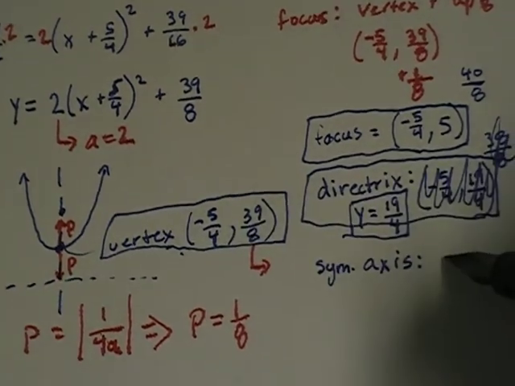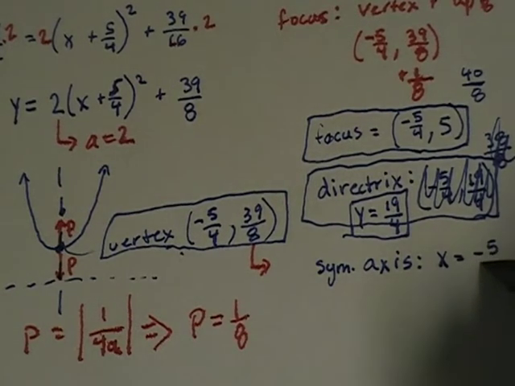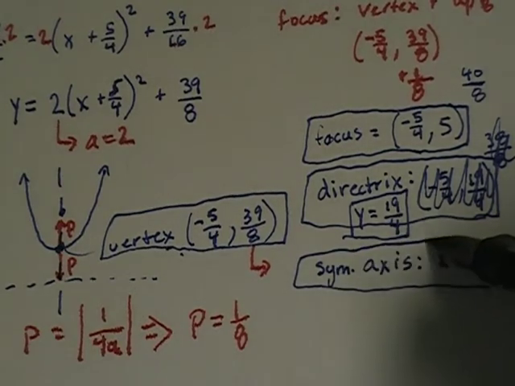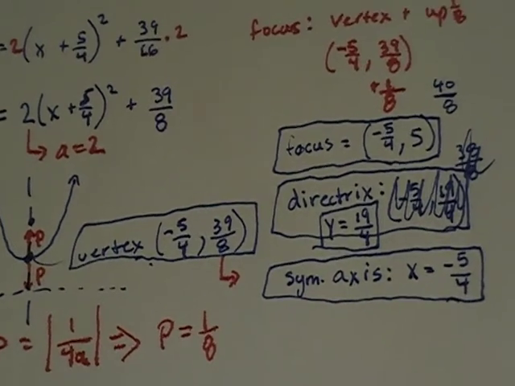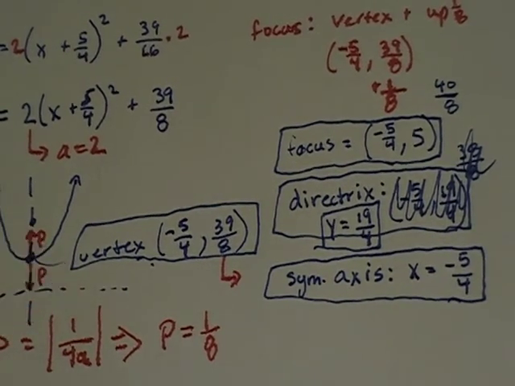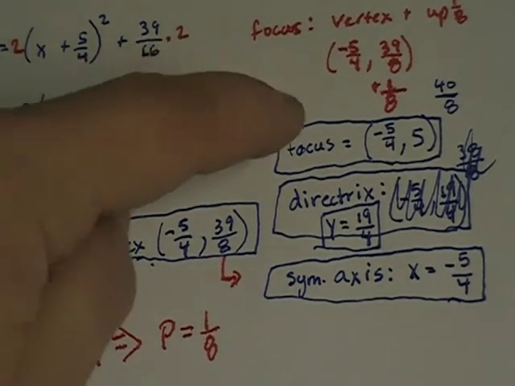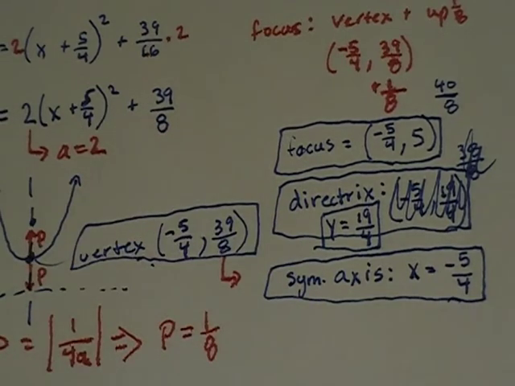And so the symmetry axis is going to be x equals -5/4. Okay? So that's everything you could possibly be asked about a parabola. Put it in vertex form, find the vertex, maybe sketch the graph, find the focus, find the directrix, find the symmetry axis. Okay? So if you have questions about this one, let me know.